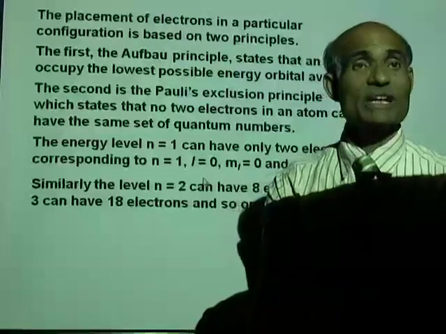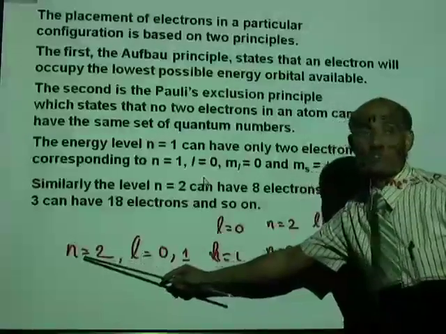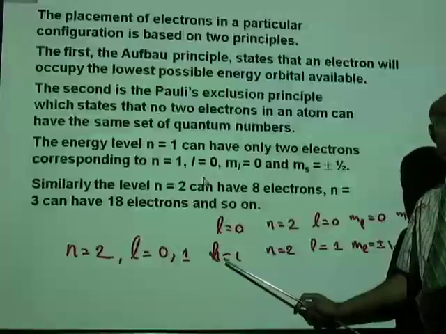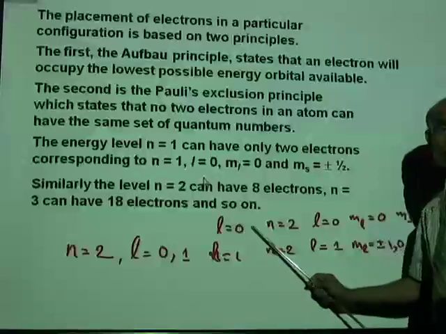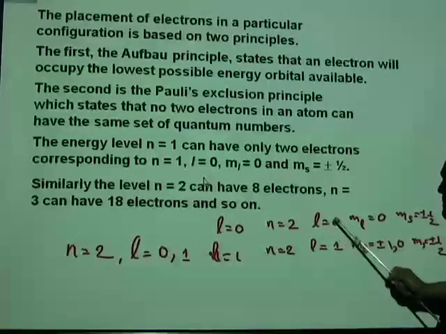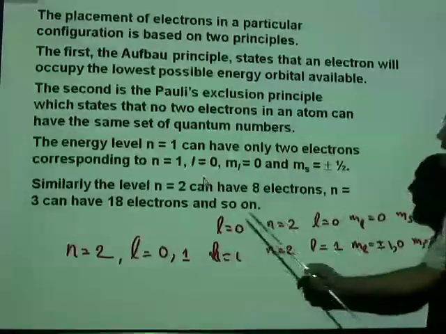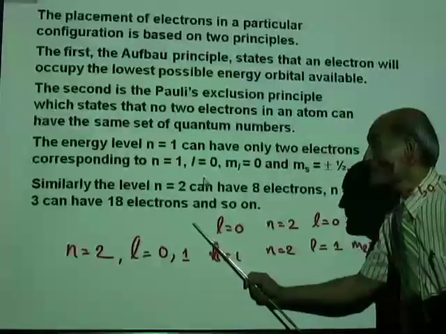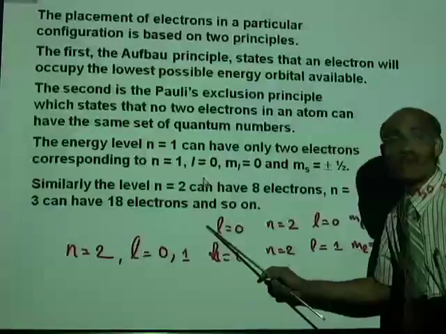Now look at this. N equal to 2 can have two L values, L equal to 0 and L equal to 1. L equal to 0 is the s subshell, with n equal to 2, L equal to 0, ML equal to 0, MS equal to plus or minus 1/2. That means there are two electrons in here. I'm writing it invisibly. In the s subshell for n equal to 2, there can be two electrons.